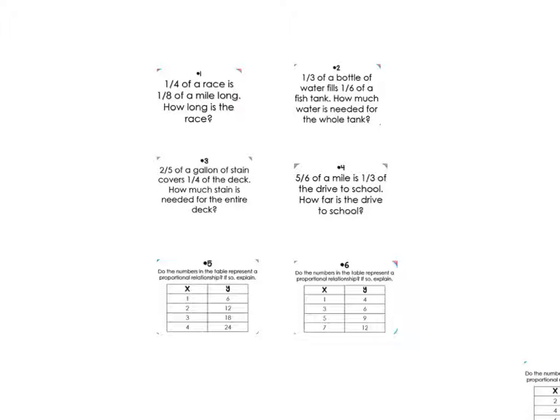All right, so here's what we know. 1/4 of a race is 1/8 of a mile long. How long is the race? Okay, well, here's how we make our proportion. We come up with our two variables, basically.